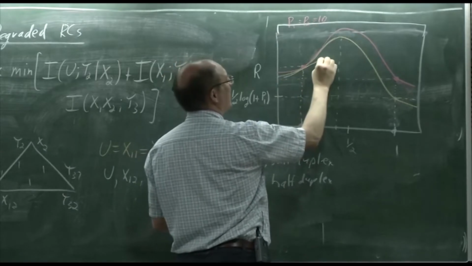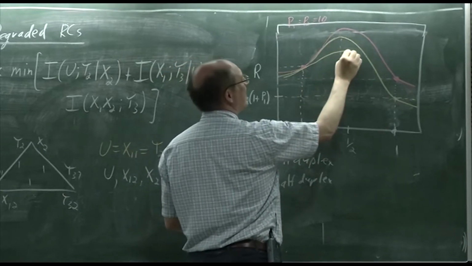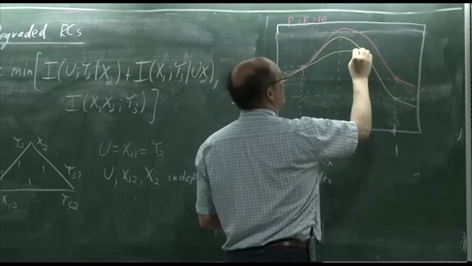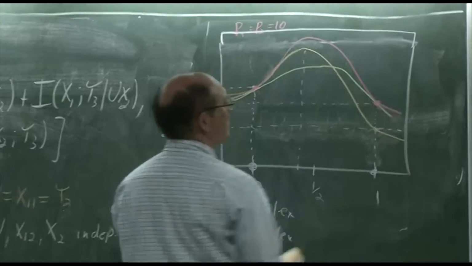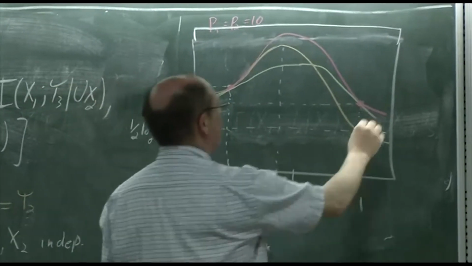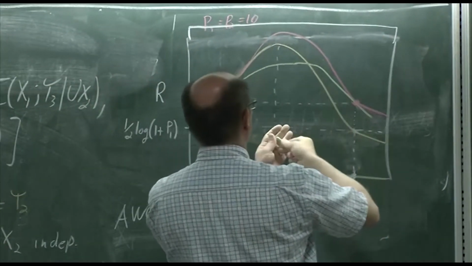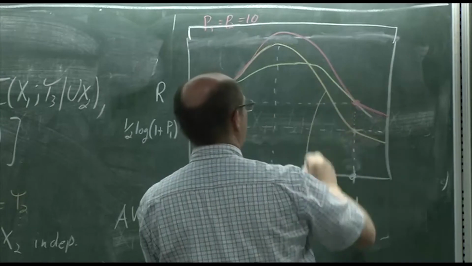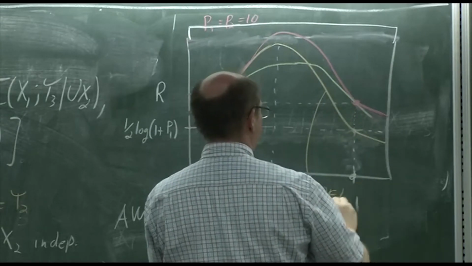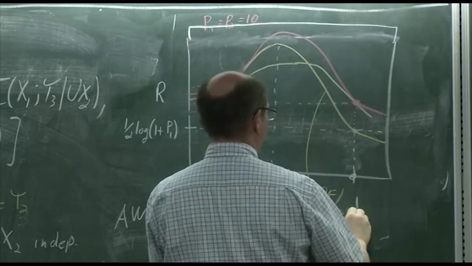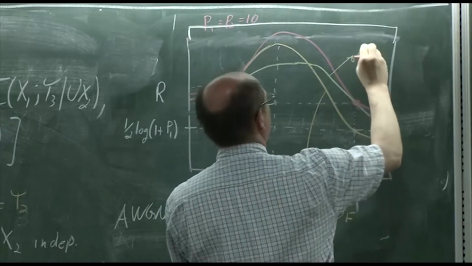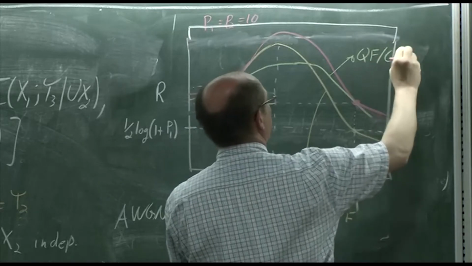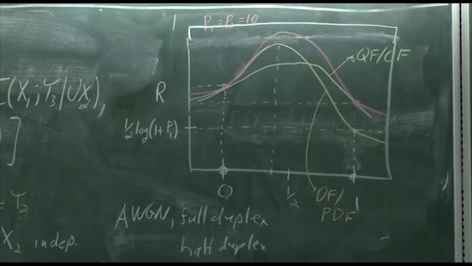It doesn't go as high, but then it stays more robust in some sense, and then it comes down here on the cutset bound. So what happens is that this is decode forward or partial decode forward. This will turn out to be the quantize forward or the compress forward. I'll explain where the names came from and what their differences are.